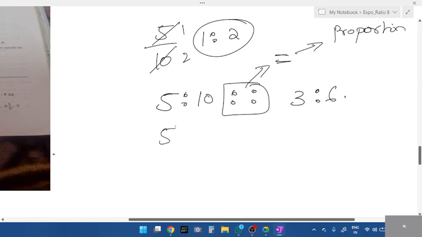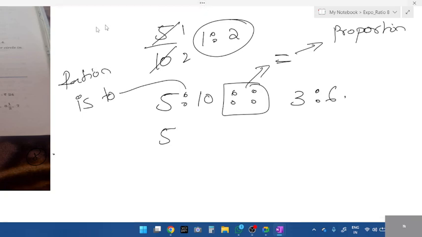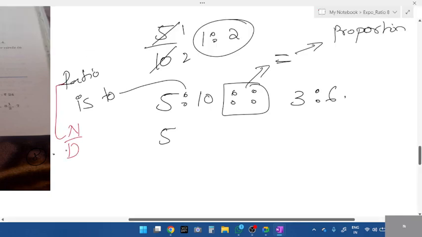Let me take 5:10. Whenever is to is given, this is a ratio. The meaning of the 2 dots is to, and it is the ratio concept. Whenever a ratio is given, try to convert it into numerator by denominator, a fraction, right? 5/10. 4 dots, keep it as it is. 3/6. Once you reduce, their value should be the same.